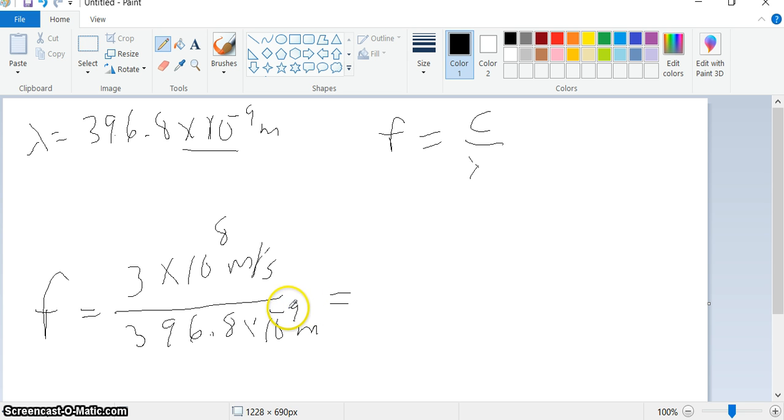That's the exact same number. The meters cancel, and so it leaves us with 1/seconds. And what number does it leave us with? Roughly 7.56 times 10 to the 14th hertz.